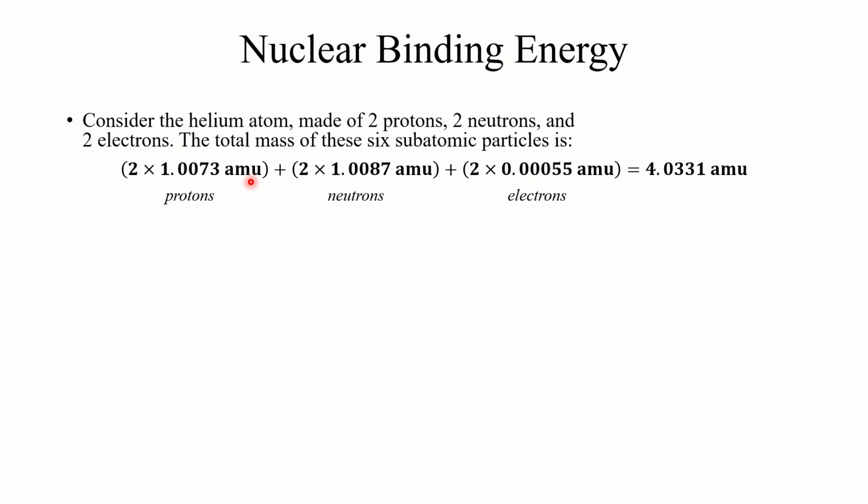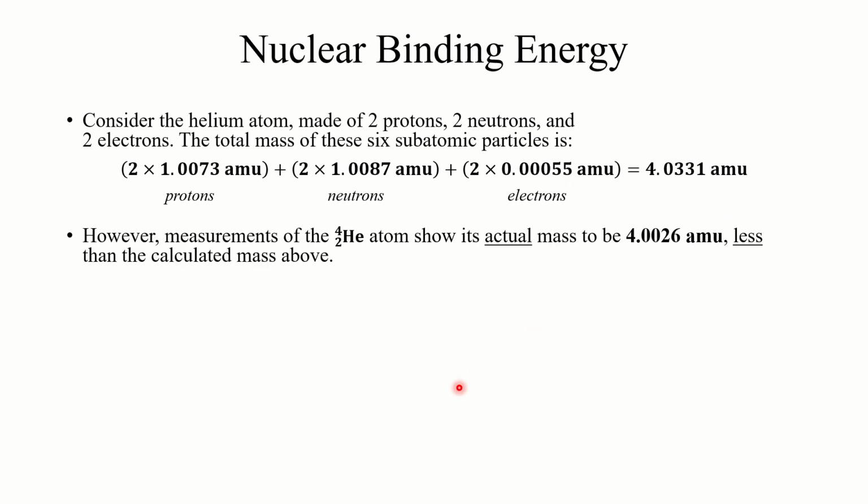It's essentially just a really, really small unit of mass that's useful on this scale. And electrons, though we considered their mass negligible when we were initially learning about the atom, we are going to factor it in here. So there are 2 electrons with a mass of 0.00055 AMU each, and we get an overall mass of 4.0331 AMU.